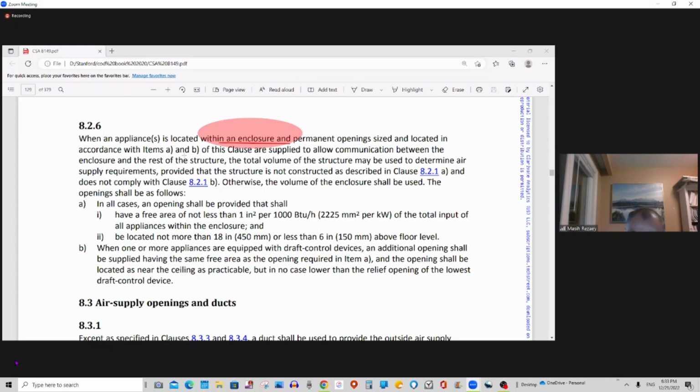Now, it says if you have an appliance or two or more appliances in an enclosure, and these appliances are installed in a loose house, not complying with 8.2.1 A and B. So two items: first, a loose house; second, an enclosure, okay?